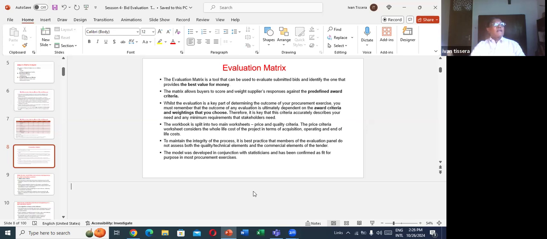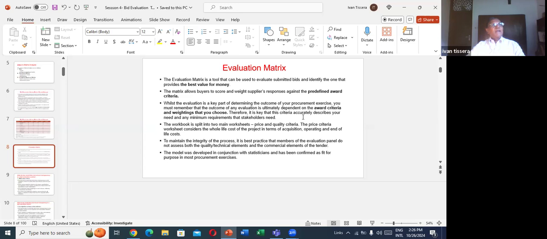If instead of 10 marks for experience you give 30 marks, completely different result, right? Therefore you must decide. Therefore, it is key that the criteria accurately describe your need and any minimum requirement that should hold. So that is another point.